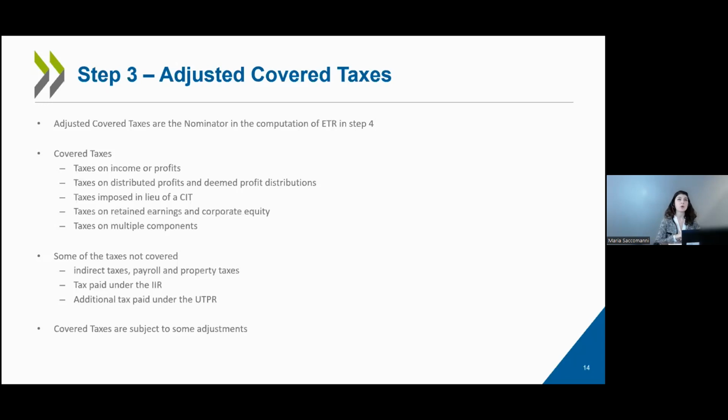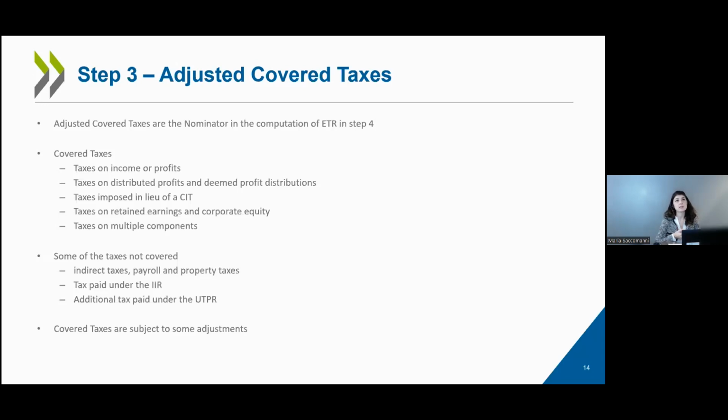The first type of adjustment to the current tax expense is aimed at excluding taxes accrued in the tax line which are not covered taxes under the definition of Pillar 2. So which is the definition of covered taxes?